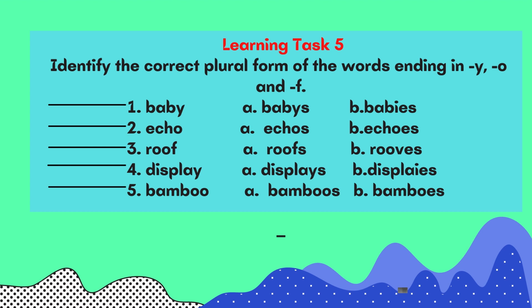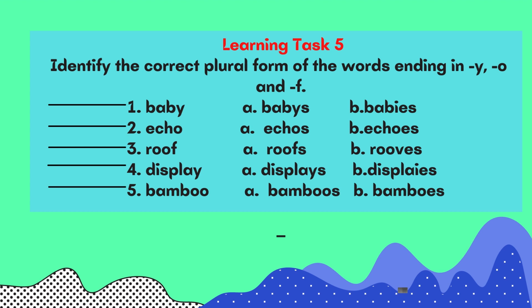S is added for A. And then for letter B, F is changed to V, then ES are added. 4, display. S is added for letter A. And then letter B, IES are at the end of the word.